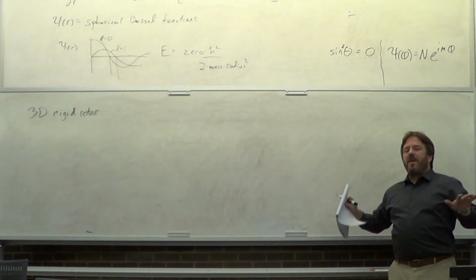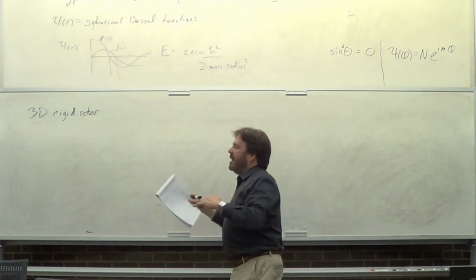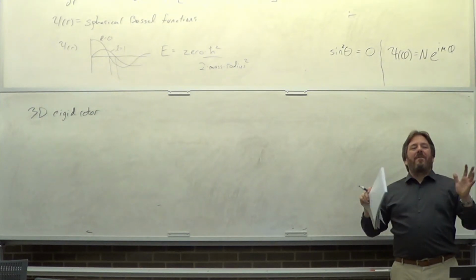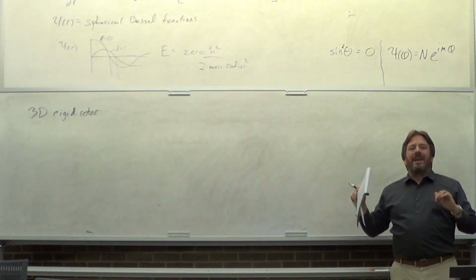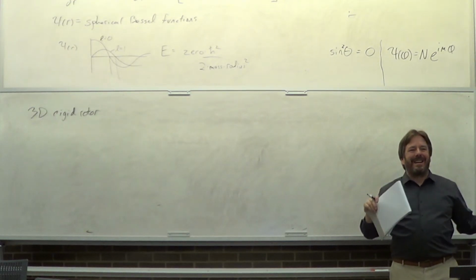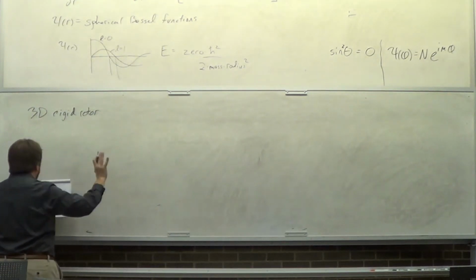That's the take-home lesson. Even for the 2D rigid rotor, the wave function is still e to the i m phi. When we went 3D, we get sine theta, cosine theta, and so on. It's all the same.